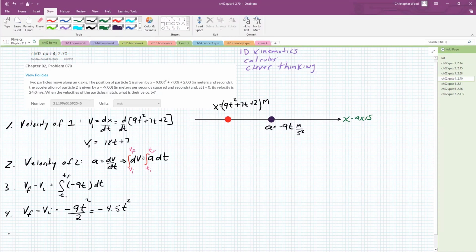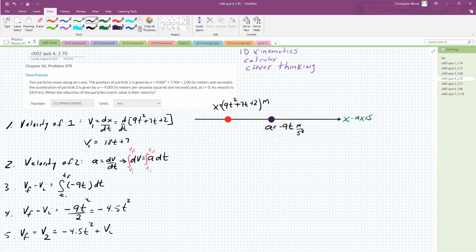I have V final, and again, I'm just going to replace V final with regular old V. But maybe I better do a subscript 2 since I am talking about the velocity of object 2. So the velocity of object 2 as a function is going to be negative 4.5 t squared plus its initial velocity.